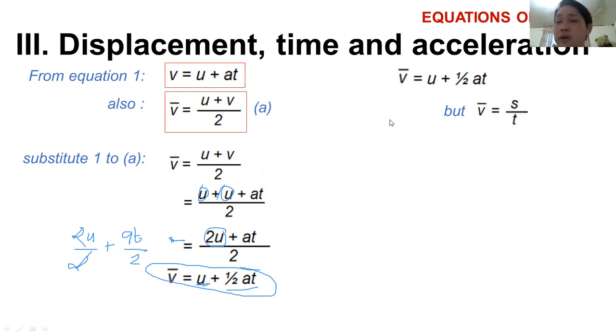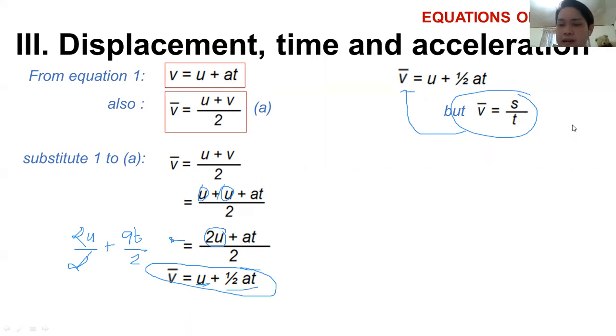But we all know that the average velocity can also be written as total displacement over total time, which is S over T. Could you still remember? So we can now substitute this in here, in this equation.